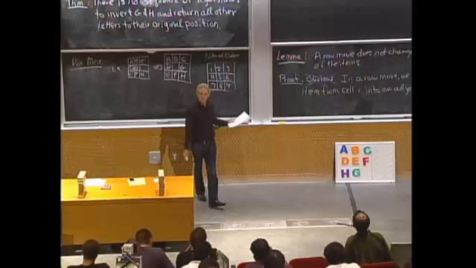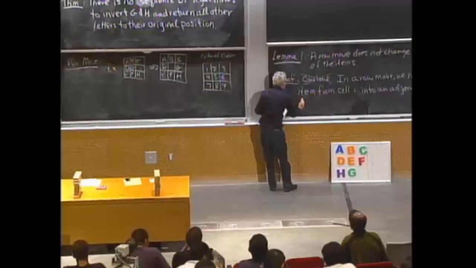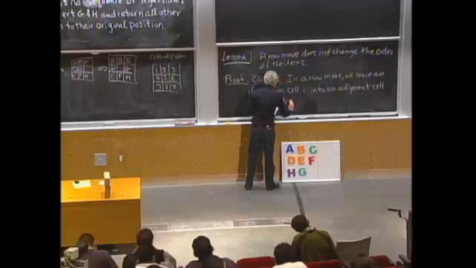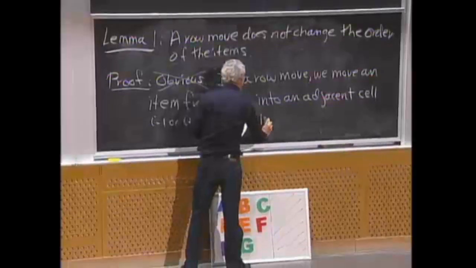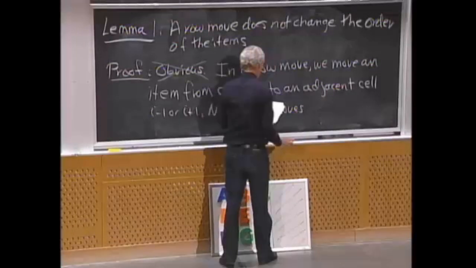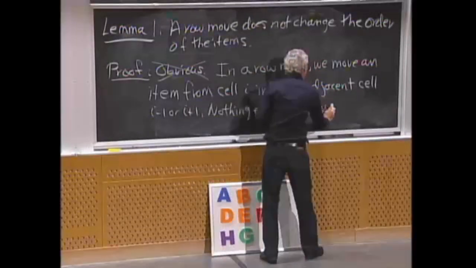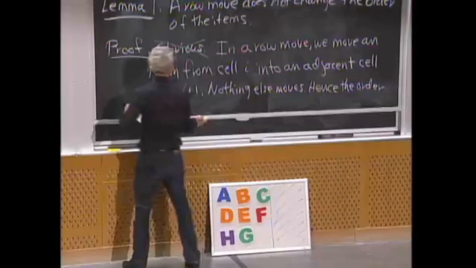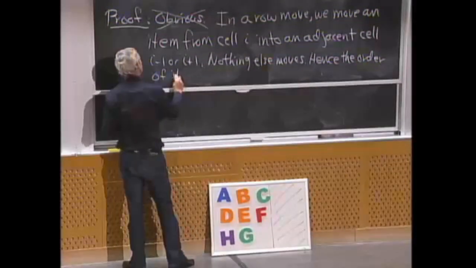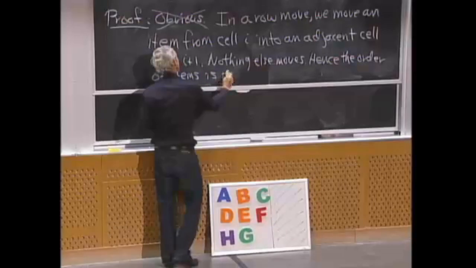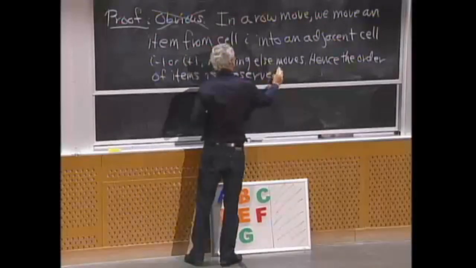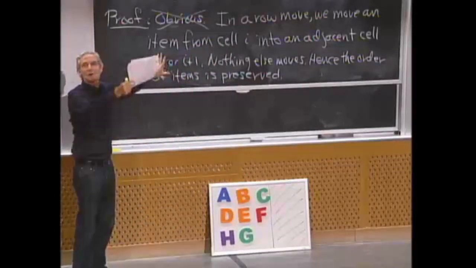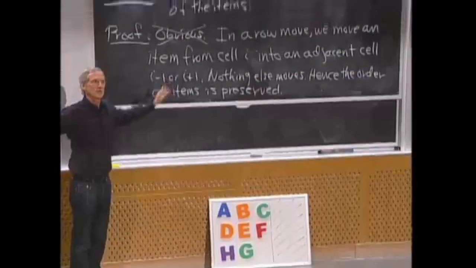Plus or minus 1, yeah. Okay, into cell I minus 1 or I plus 1. Nothing else moves. Hence, the order of the items is preserved. Because if you're going from I to I plus 1, everything else is in I minus 1 or less, I plus 2 or more. Relative order does not change in this case.